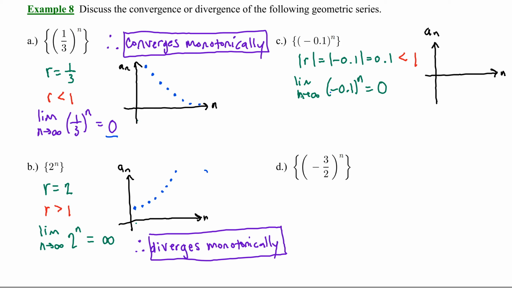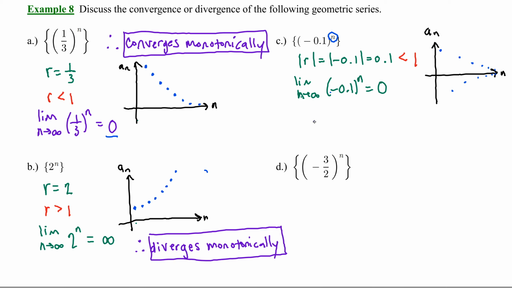If we consider evaluating several of the terms of this sequence, we would notice that this is an oscillating or an alternating sequence. That is, for an even value of n, we're going to have a positive output. For an odd value of n, we're going to have a negative output. So our sequence is going to do something like this. It's going to hop up and down, above and below that horizontal axis, yet it is still converging to 0.